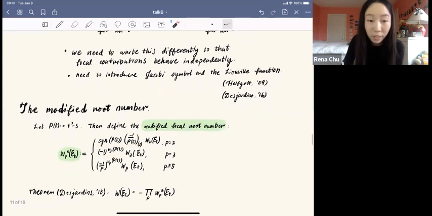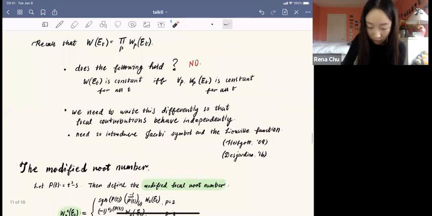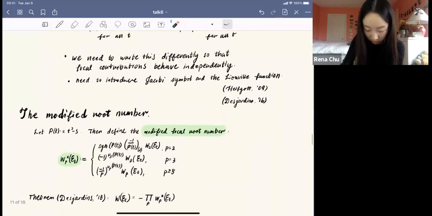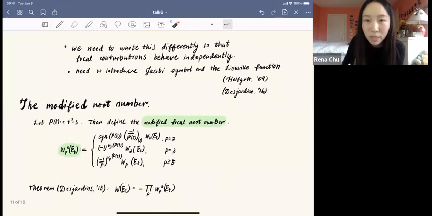And it is a theorem from Desjardins that the left-hand side remains the same. It's still the root number, and the right-hand side, now we can write it as a product of these modified local root numbers.